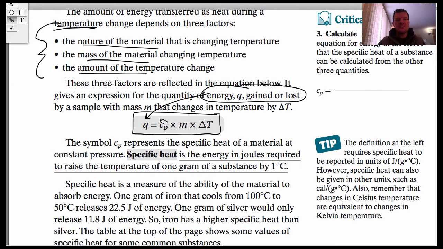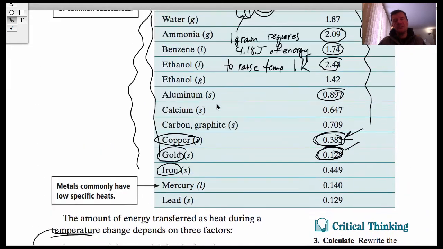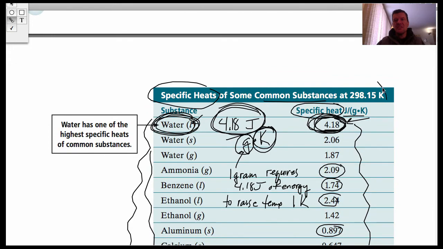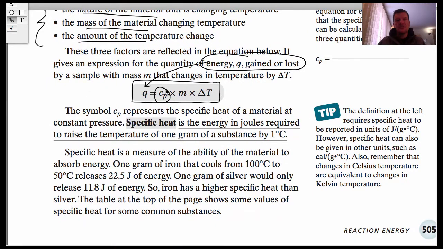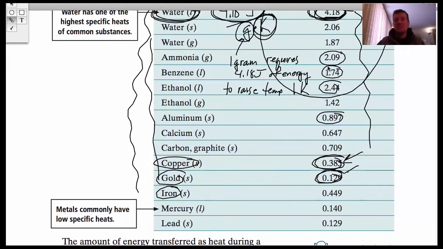And then this C sub P, that is actually the heat capacity, or I should say the specific heat. It's these values up here, for whatever substance you have. You'd have to be told what substance it is. So this C sub P represents the specific heat. M is the mass. Remember the units here? Look at the units.